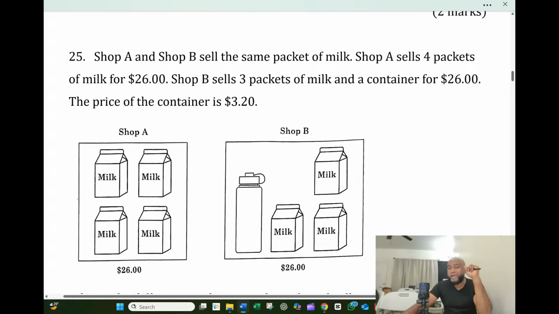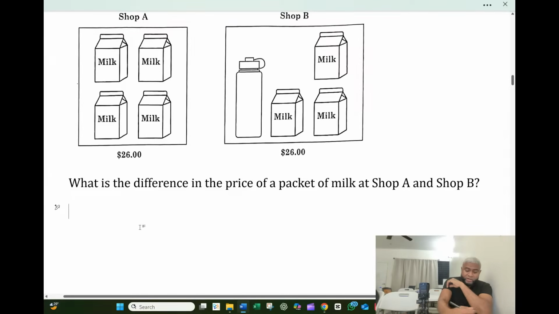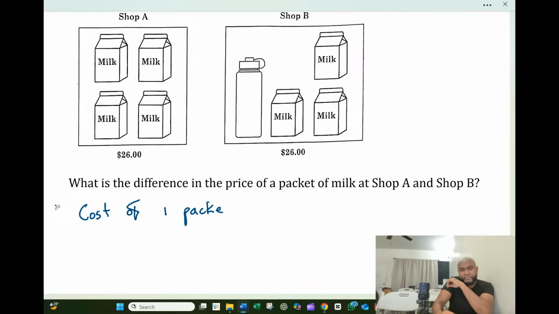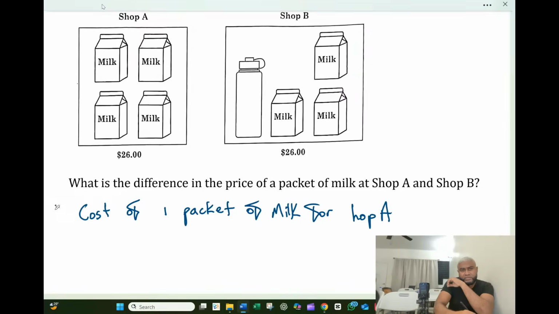So here what I'm going to do, right? I'm going to find out the cost of 1 packet of milk in Shop A. That's mission number 1, right? So we're going to find the cost of 1 packet of milk for Shop A. Now, how do we do this?